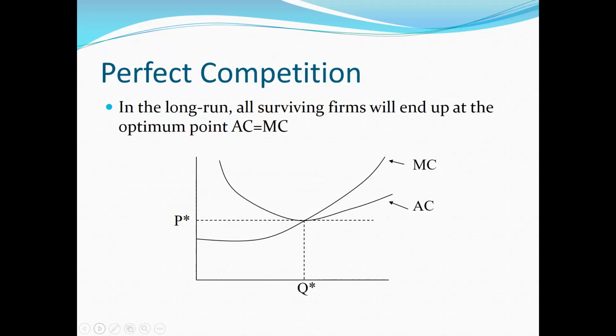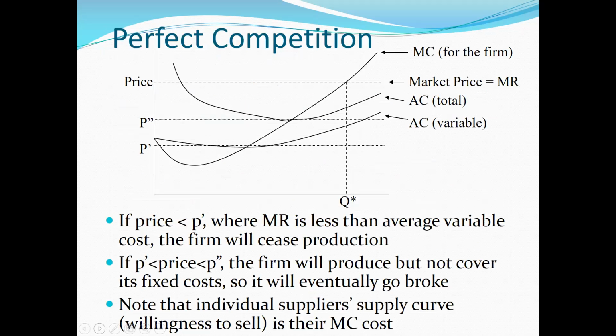So this is what that relationship looks like. In the long run, all surviving firms will end up at that optimal point where average cost is equal to the marginal cost. Okay? So in the perfect competition case, your AC has to be equal to your MC. So this is the point.